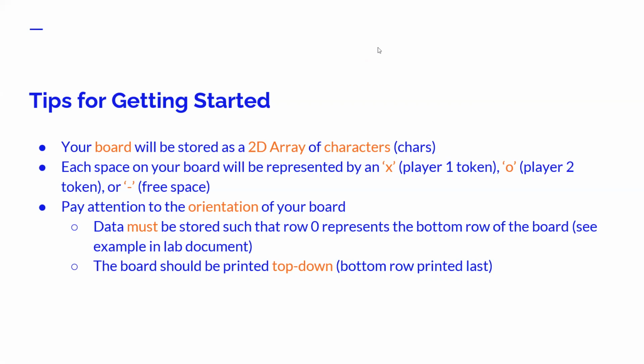Oh yeah, Zybooks for whatever reason wants your print board method backwards when you submit it. You can either flip your board, or I think you can just fix it when you print the board by printing it upside down. I think there's a discussion about it on Slack too.